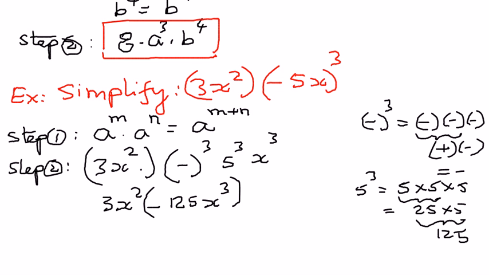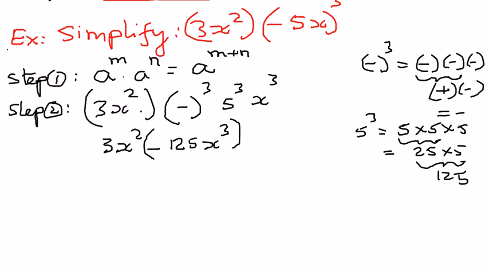Now as a next step here, we're going to multiply the coefficient terms: 3 times negative 125. Now we have the exponential terms, so we can combine the like terms: x to the power of 2 times x to the power of 3.